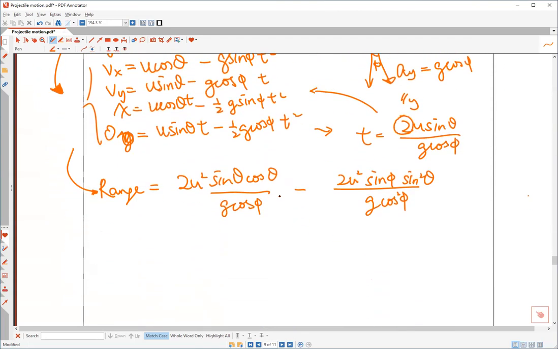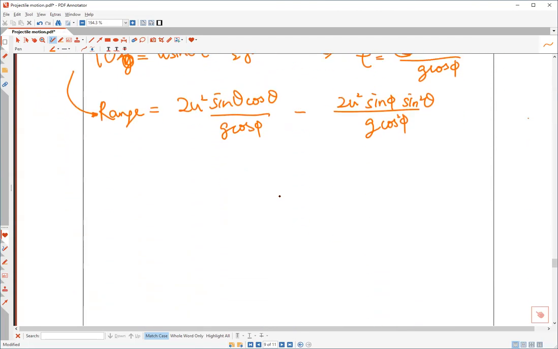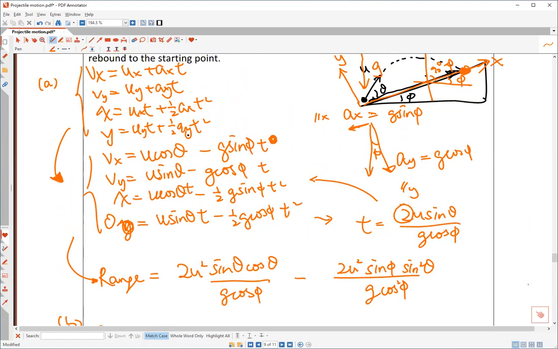Then let's go to part B. Part B is really just math. If you can't do it, it's totally fine. You want to find the angle theta.